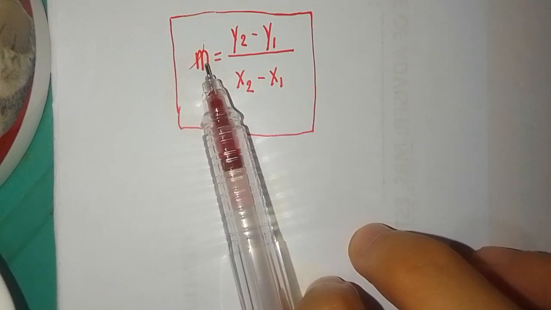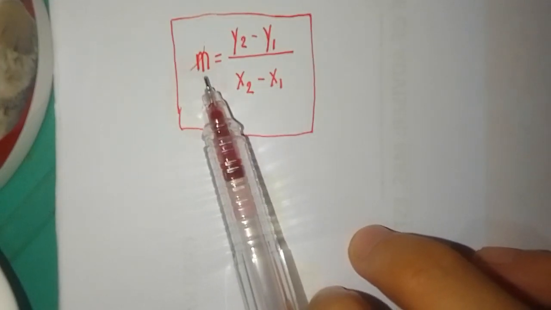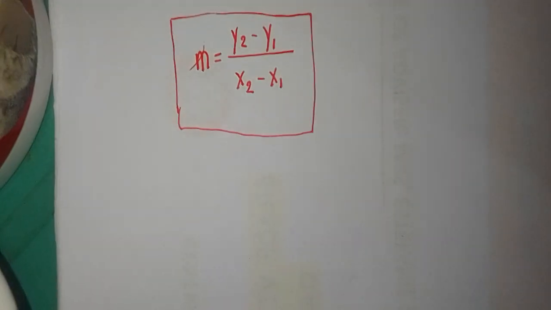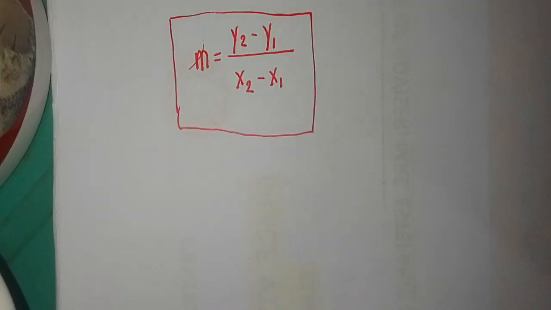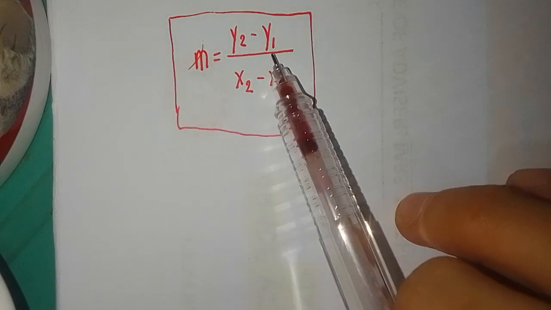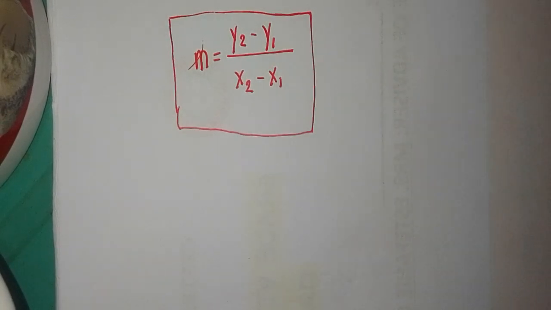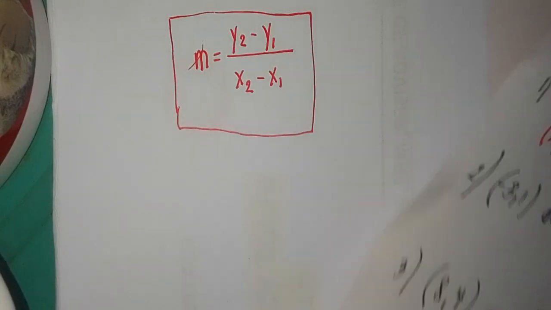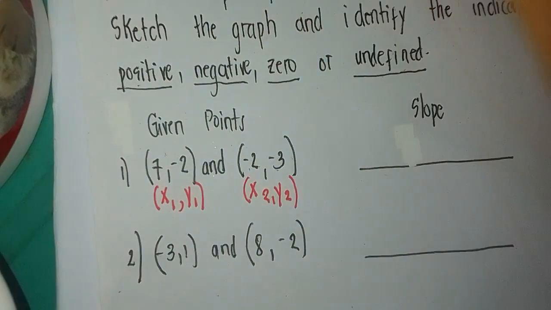So m, please remember that m represents the value of the slope. And we have y sub 2 minus y sub 1 over x sub 2 minus x sub 1. So that is why you need to choose which is the first point and second point in each item.